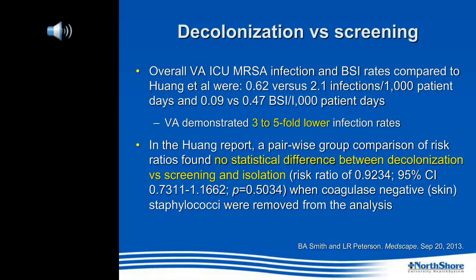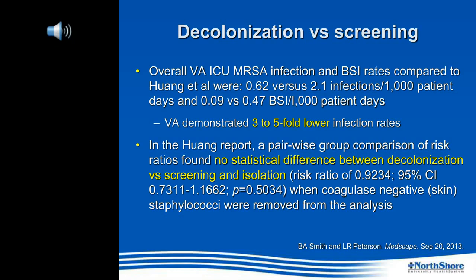So the next question has come up because universal decolonization has also been introduced as another method for reducing healthcare-associated infections and been also used for MRSA. And this is a summary that my partner Becky Smith and I put together in Medscape and published 2 years ago.